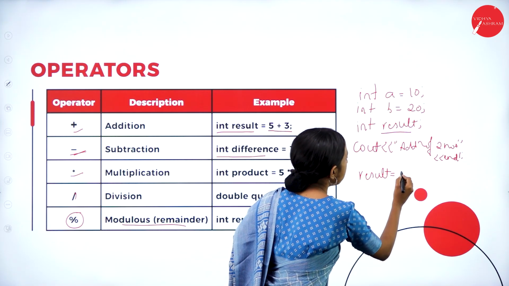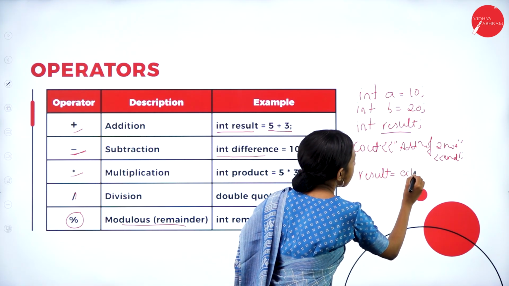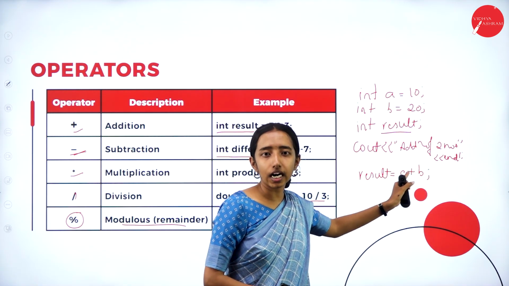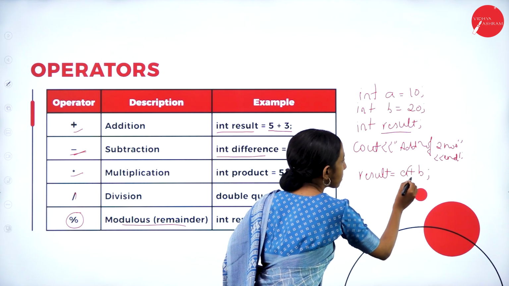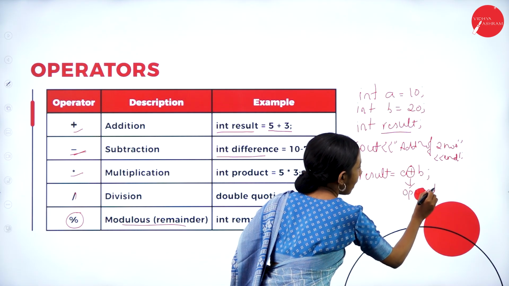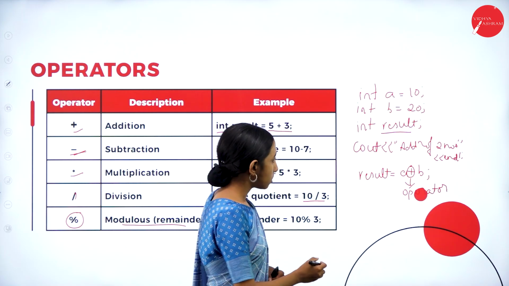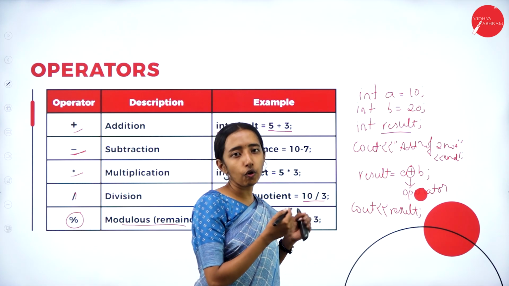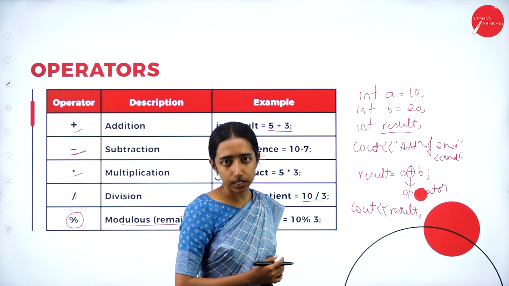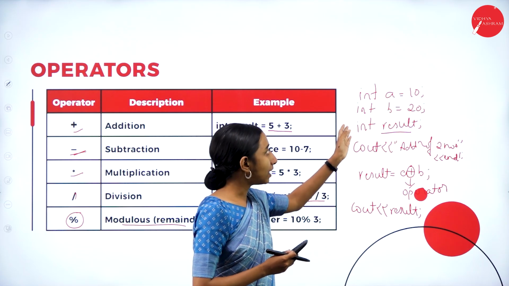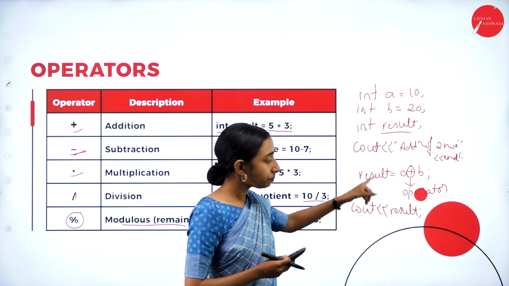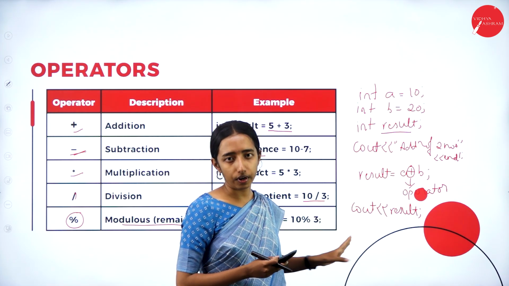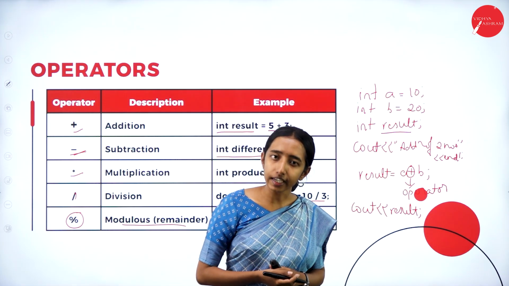Now I am making result is equal to A plus B. So here A and B are the operands and the plus is the operator. So in this way we can do the addition of the two operands in coding in C++. We have taken two variables and another variable to store the result, and we have used the plus operator to do the addition of two operands. So this was about the arithmetic operator.